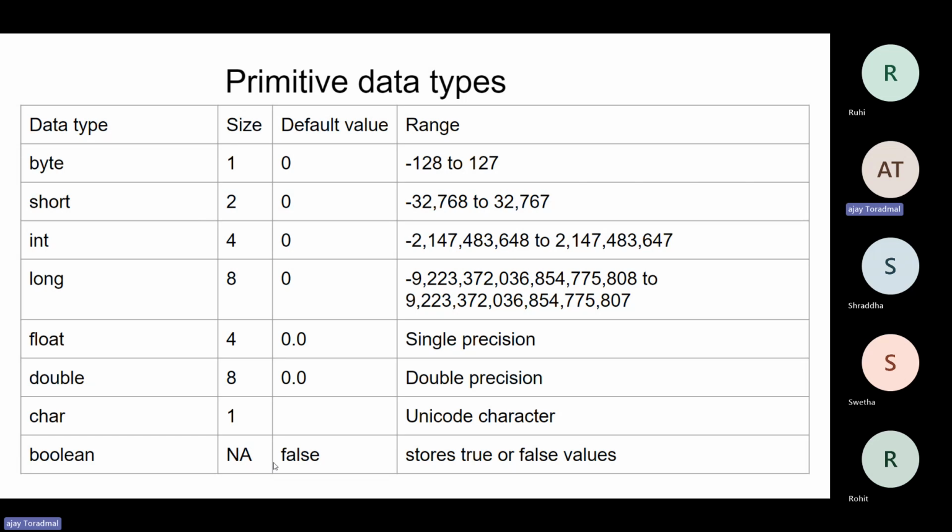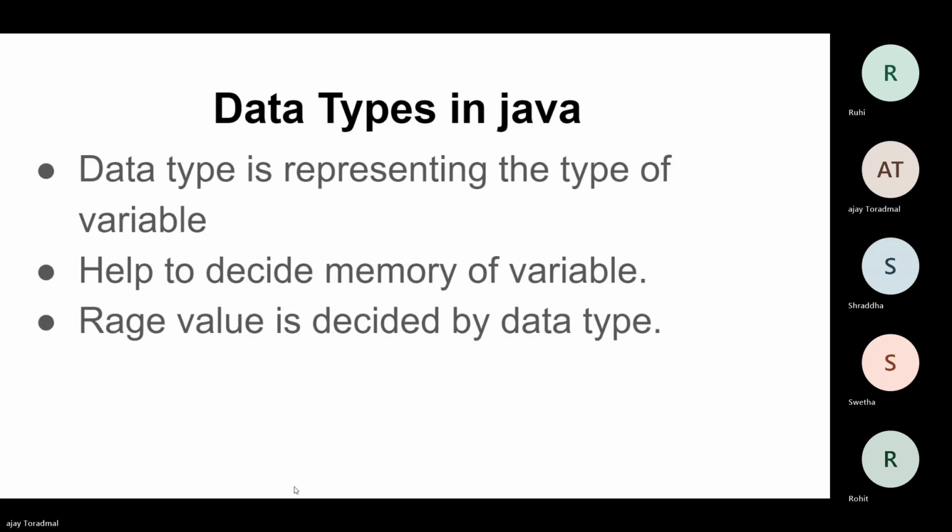Sizes are very important. You should know the sizes of each and every data type. You can go through this particular slide and find out. If you have a long, 8 bytes are required. So you should remember this slide. Because of the data type, you get help to decide the memory.